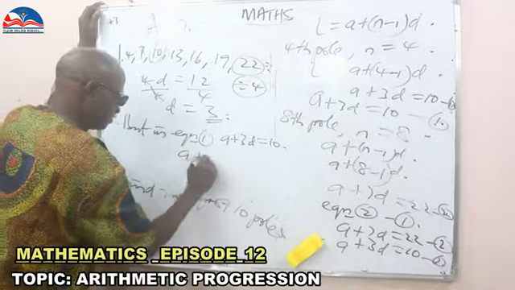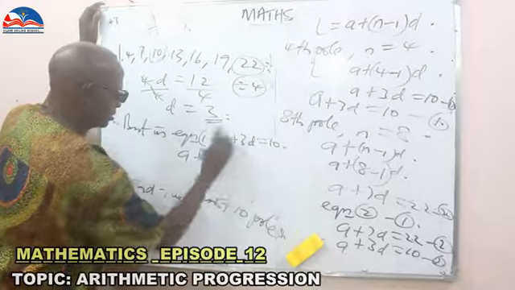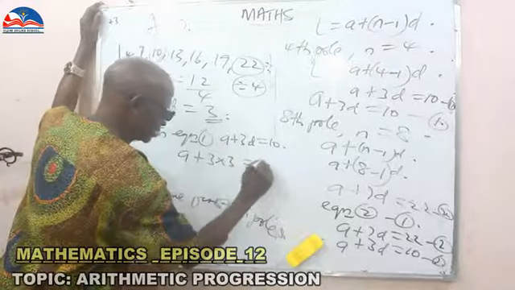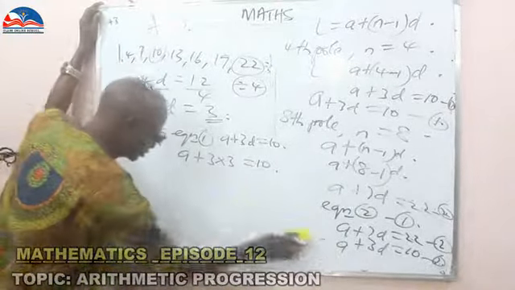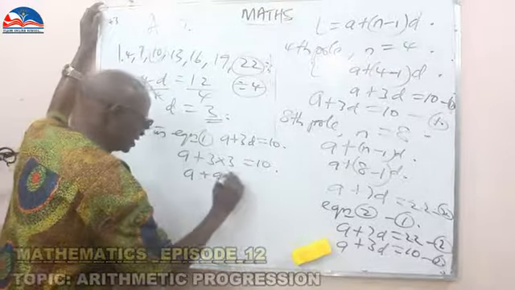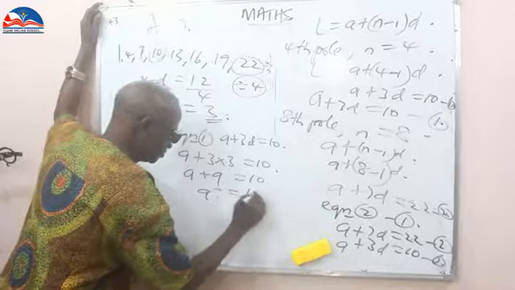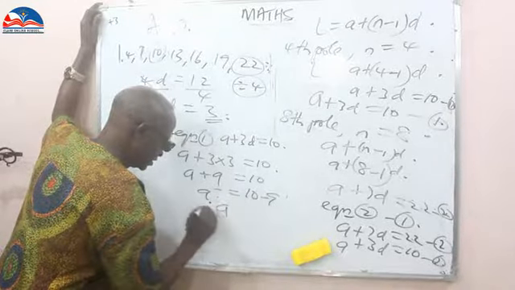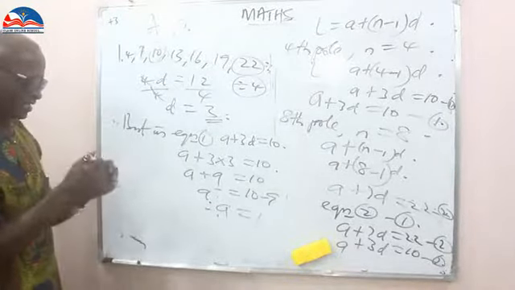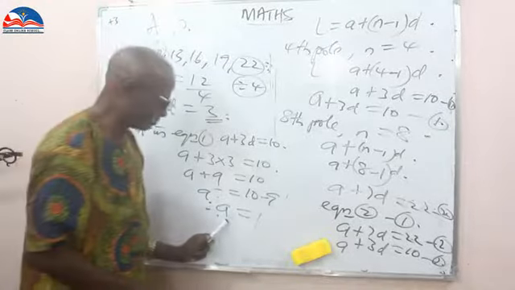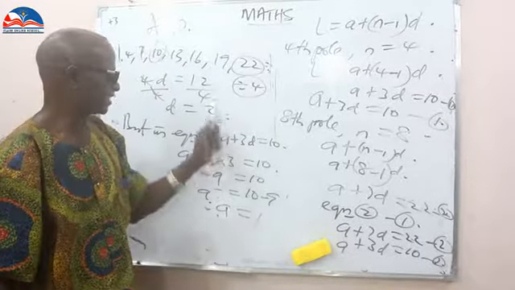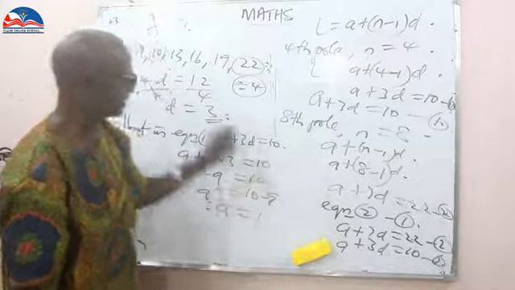Therefore, A plus 3 times 3 equals 10. So A plus 9 equals 10, A equals 10 minus 9. Therefore, A equals 1. You now say the first pole is 1, and you have to be adding 3. We are looking for the first poles.